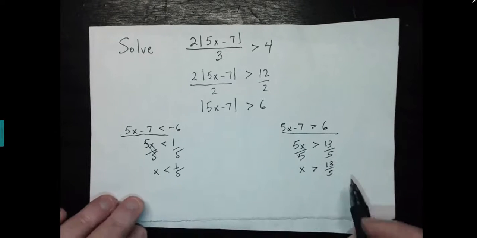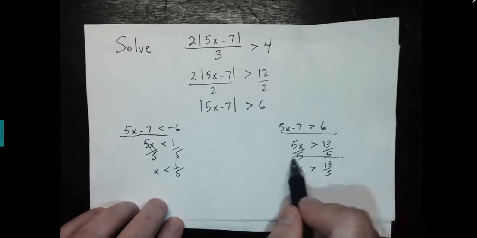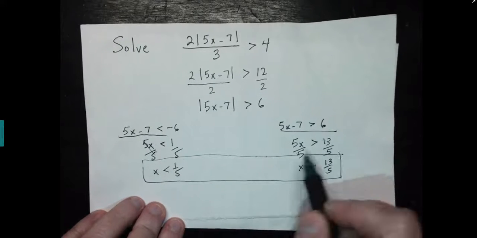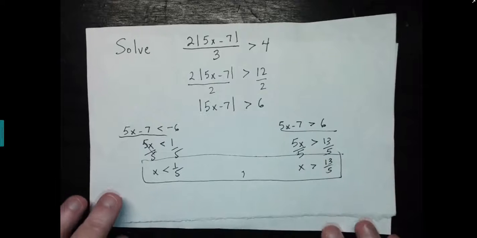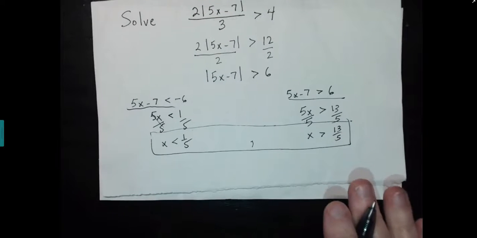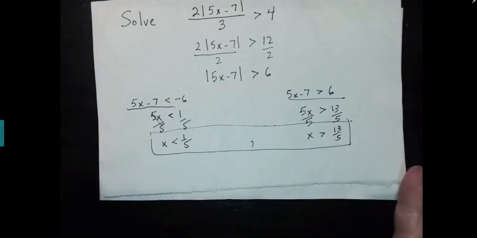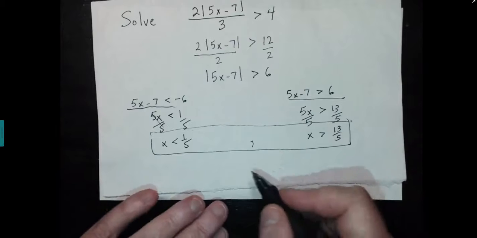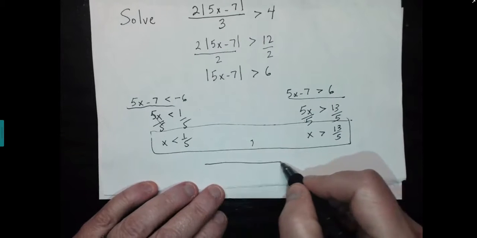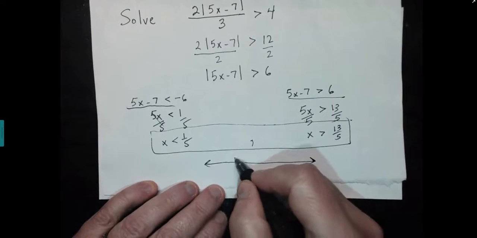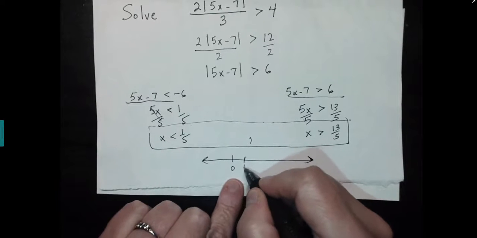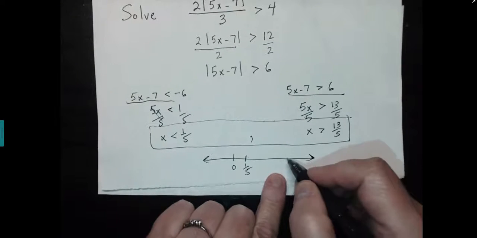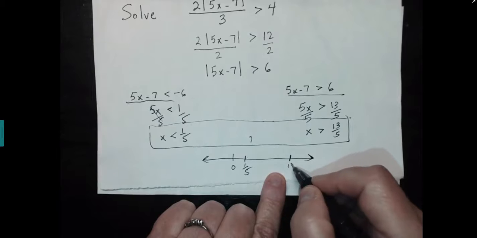Now, what I have here is my answer, but more often than not, you're asked to give your answer in interval form. So to see it in interval form, let's find it on the number line. So positive 1/5 would be about here, and positive 13/5 would be about over there.